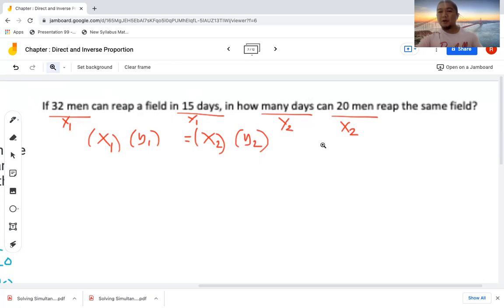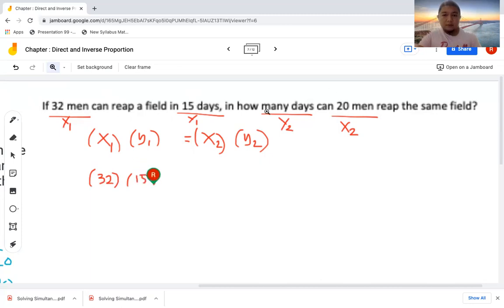In this kind of problem, all you need to do is plug these values into that equation. So x sub 1 is 32, and y sub 1 is 15, so times 15.